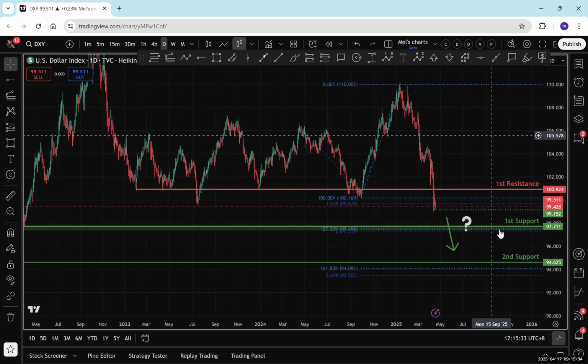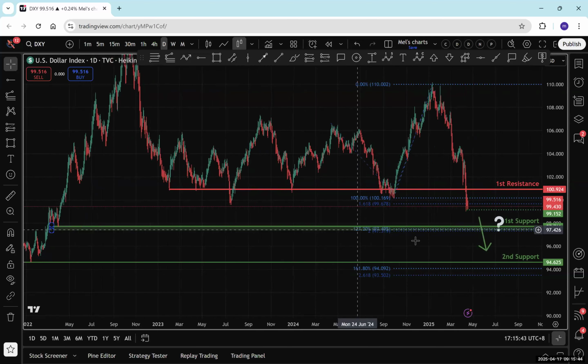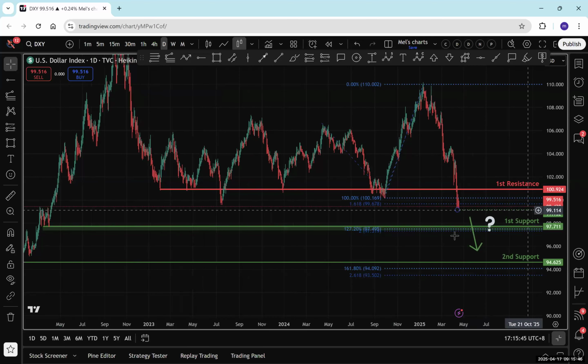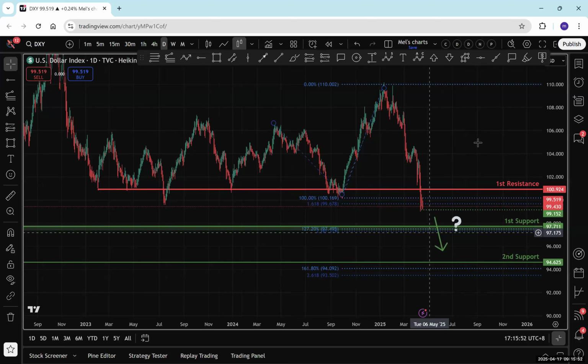I'm highlighting our first support because here we have a Fibonacci confluence area where two or more Fibonacci levels are lined up. This tends to attract price, but price might not be able to break out of it. So that's why I'm highlighting it, just so you are careful of this area here. But I'm expecting prices to continue in this downtrend.